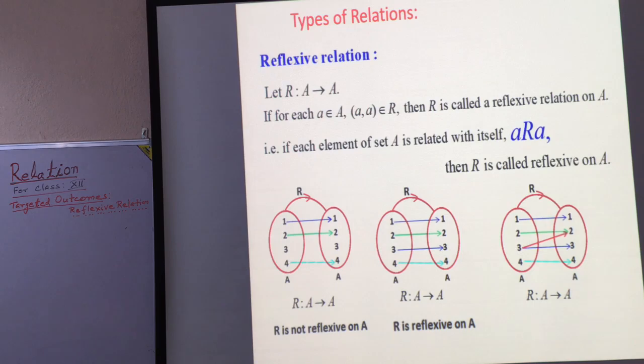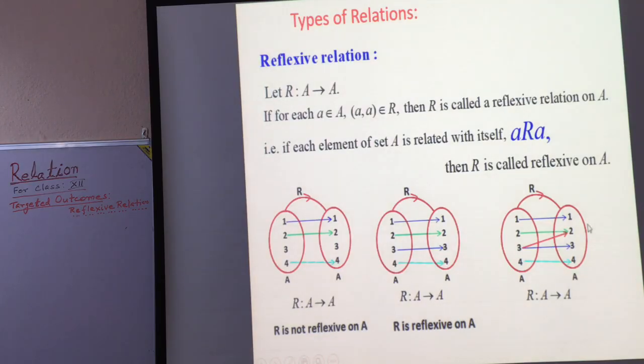A has 4 elements, and observe 1 is connected with 1, 2 is connected with 2, 3 is connected with 3 as well as with 2, and 4 is connected with 4. Now question arises, this relation is reflexive or not?